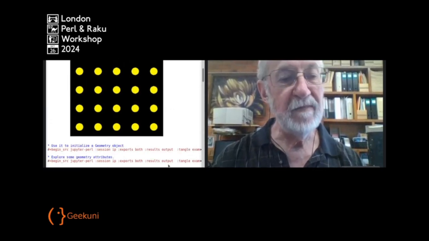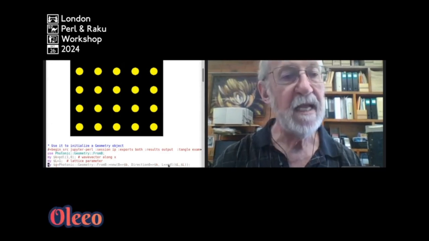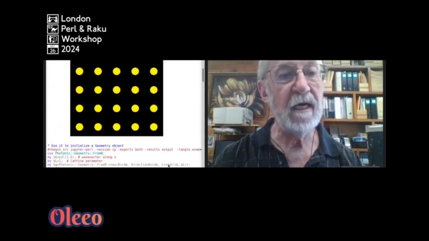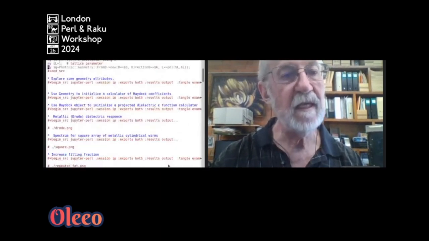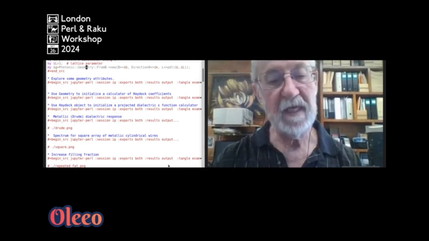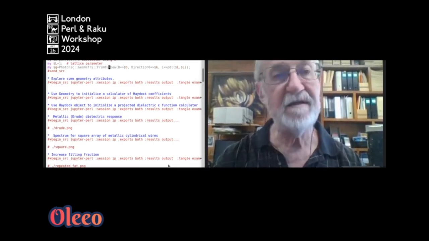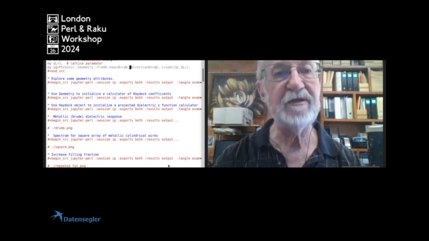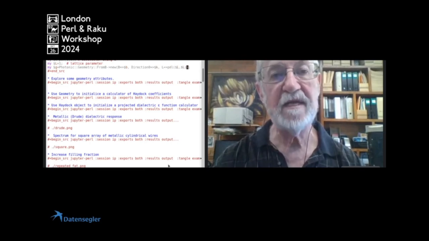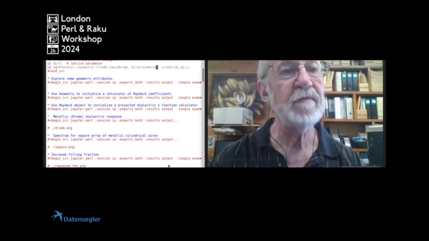And then in my package, I can use this picture to initialize a geometry object. So from the characteristic function, I initialize a geometry, and as parameters, I use the characteristic function, the size of the unit cell, and the direction of the wave vector of the light I'm going to use.